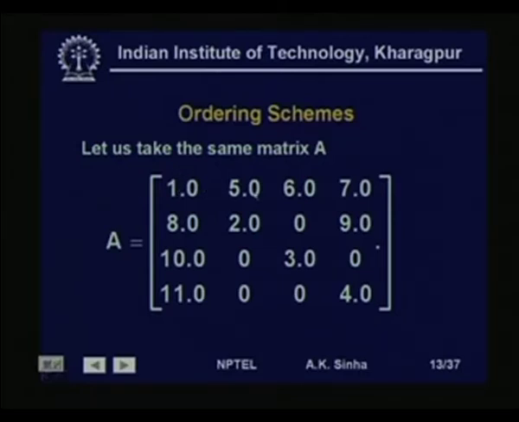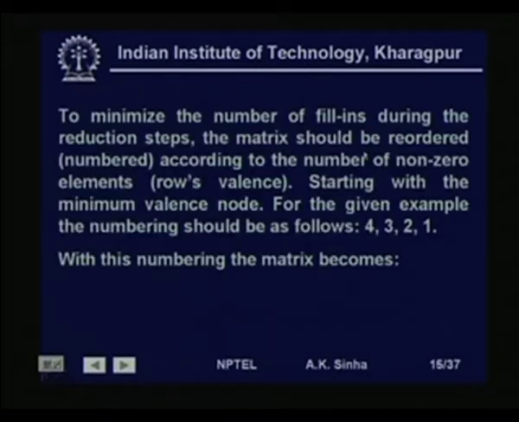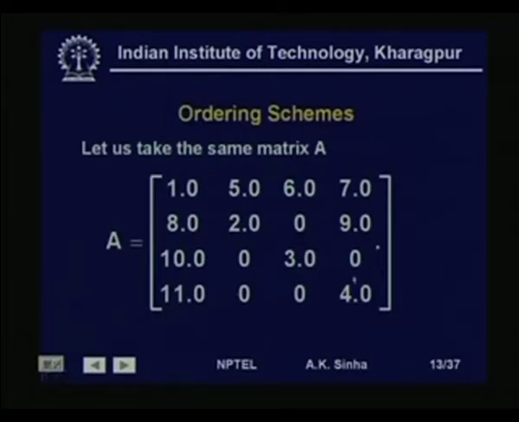So, if we do this, then what do we get? We get the reordered matrix like this. If we see this, now this is 1 1 and this is 1 4, because this is 1, this is 1, this is 2, this is 2, this is 3, this is 3, and this is 4, this is 4.